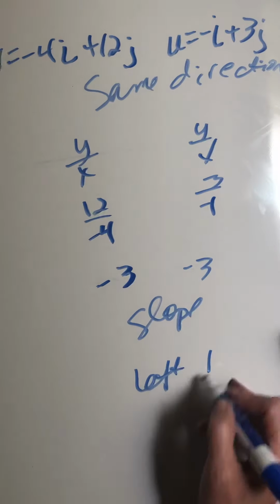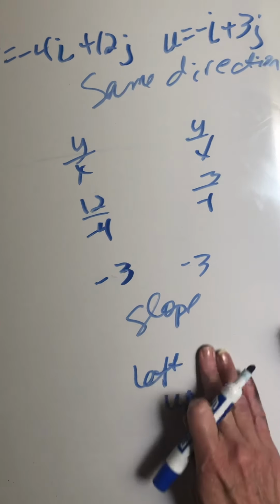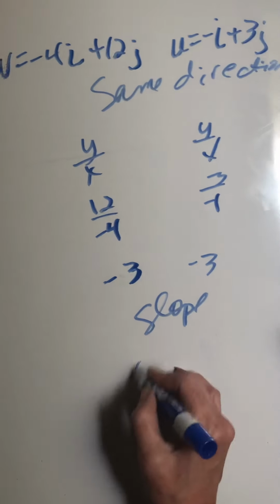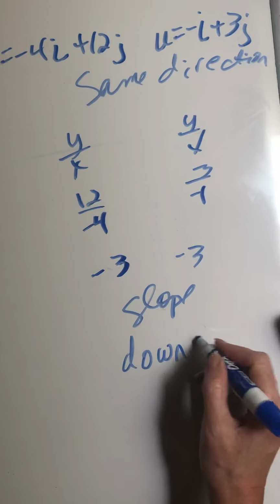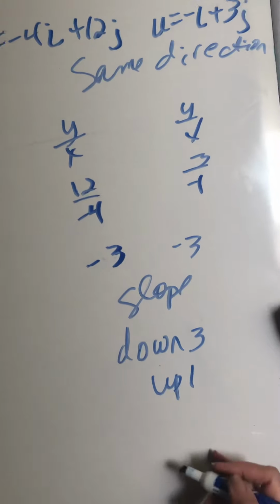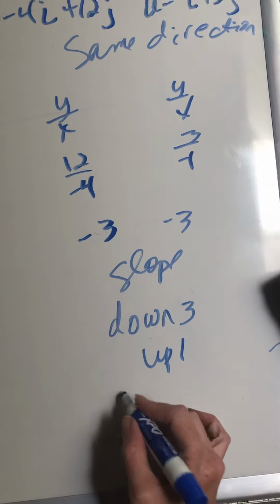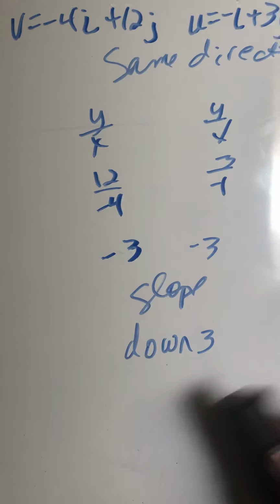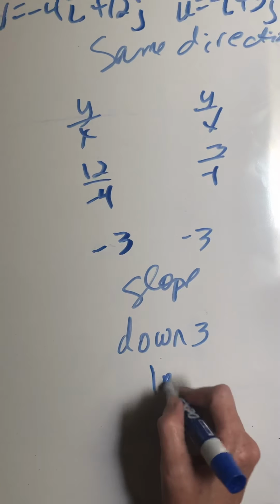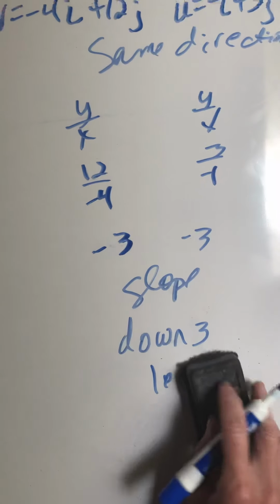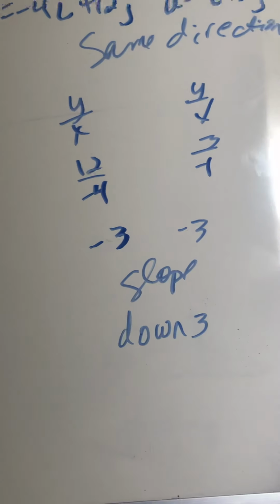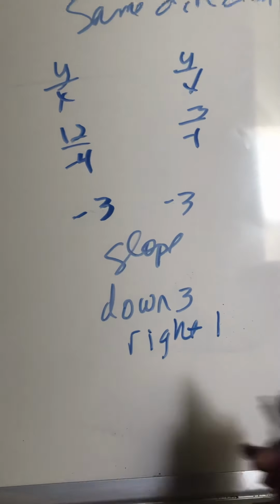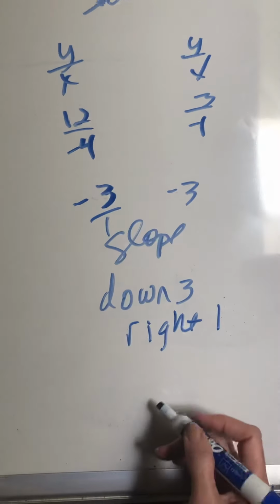So down 3, right 1, because it's negative 3 over 1.